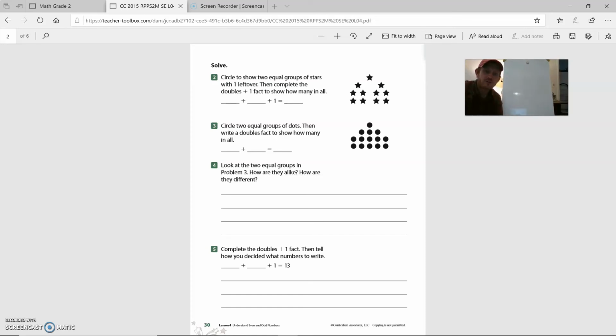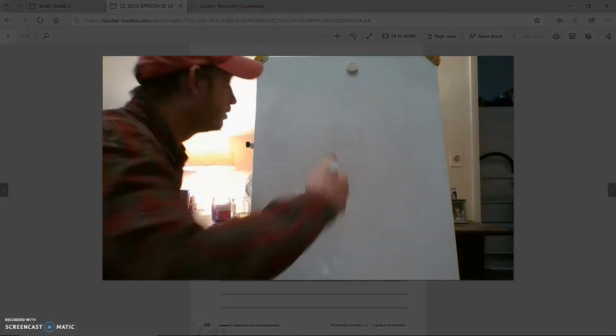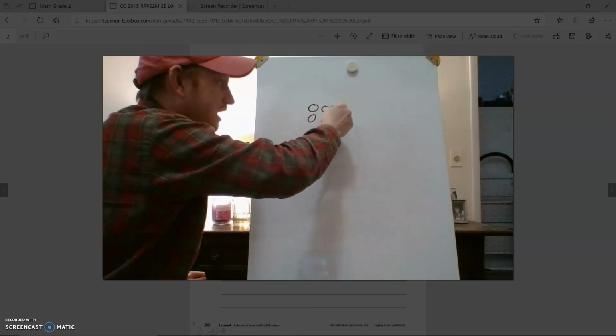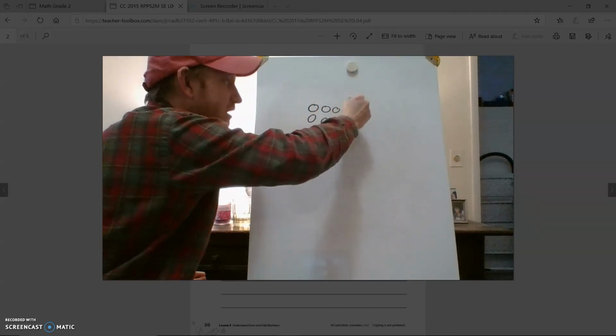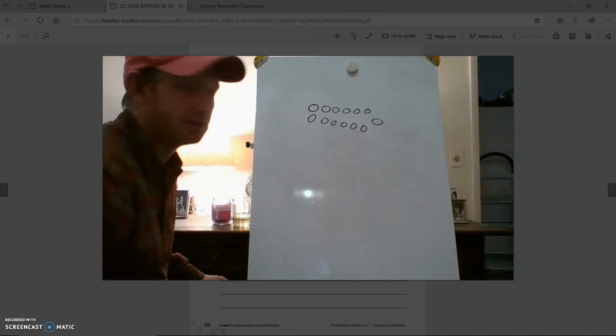And so let's move on to the final part of our problem where it says, then tell how you decided what numbers to write. So that's asking us to put in word form what we did up here. Well, what we did was we made 2 equal groups. 1, 2, 3, 4, 5, 6, 7, 8, 9, 10, 11, 12, and 13.